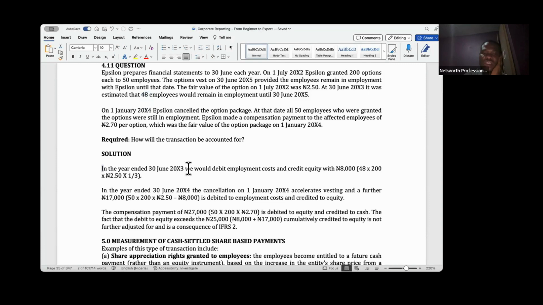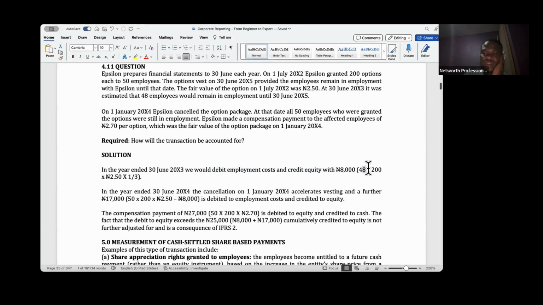In the year ended 30th June 2003, we will debit employment cost and credit equity with 8,000, being the 48 employees that will vest multiplied by the 200 options multiplied by the fair value of the option at the grant date. That gives me the value over the 3 years.